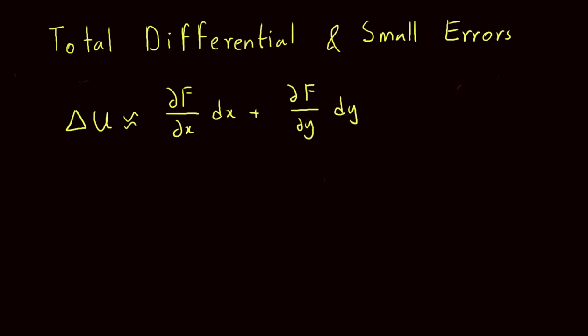Oh, sorry, my apologies, the formula is supposed to be delta x and delta y. And if you have the z term, we can also include del f del z delta z, if we have three variables, okay?